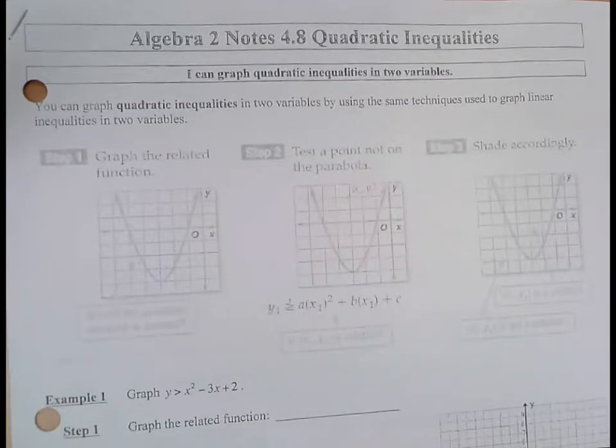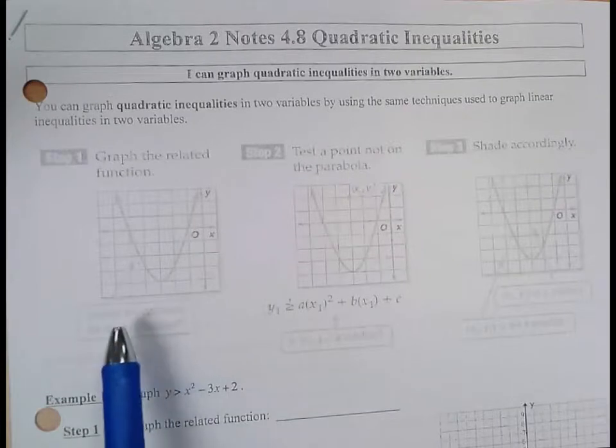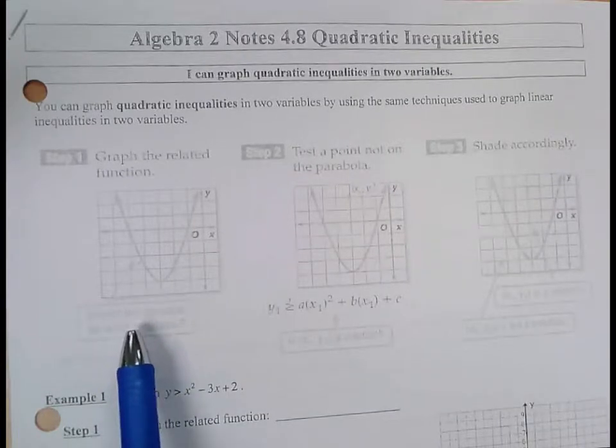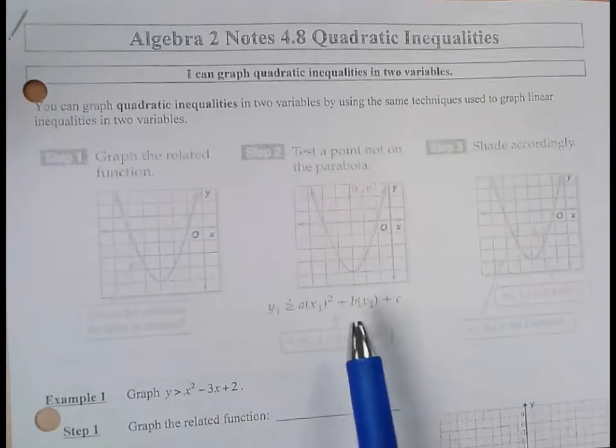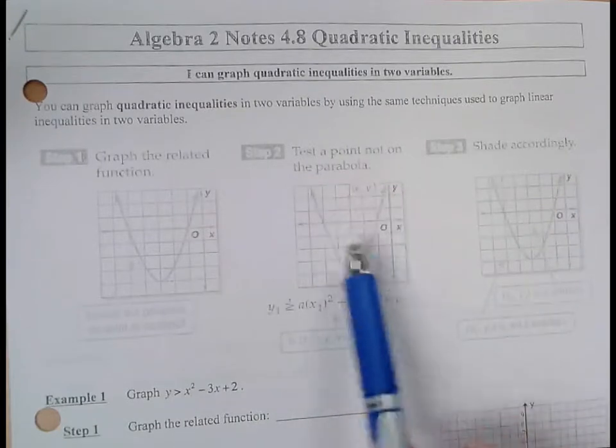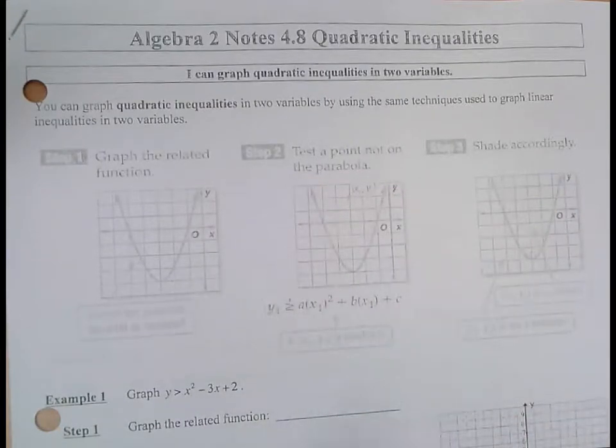So the only difference here is you're graphing a parabola, but you want to make sure you know whether it should be solid or dashed. And then we tested a point to see what side to shade. Here, we're still going to test a point to then see, are we shading inside of our parabola or are we shading outside of it? So the overall process is the same. The difference is that you have a parabola and not a line like we had before.